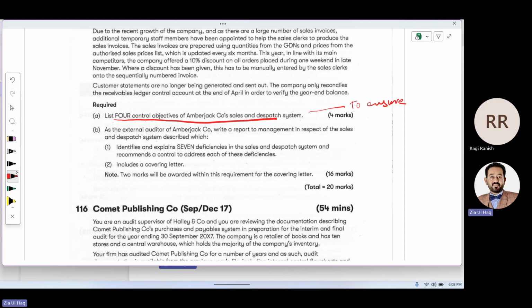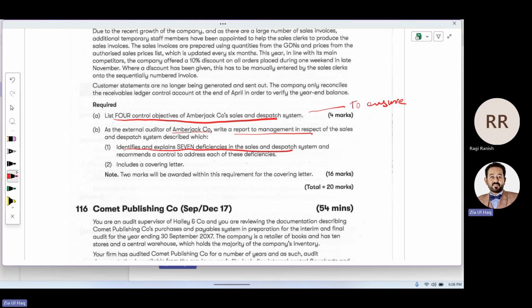And part B of the question is for 16 good marks. As external auditor of Amberjack company, write a report to management in respect of the sales and dispatch system, in which you identify and explain 7 deficiencies in the sales and dispatch system.